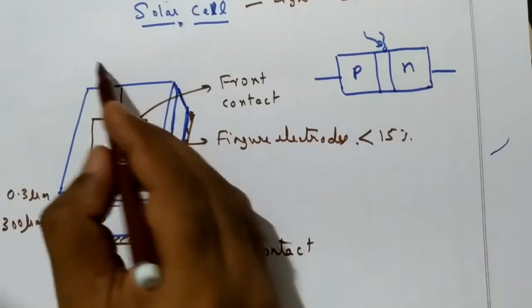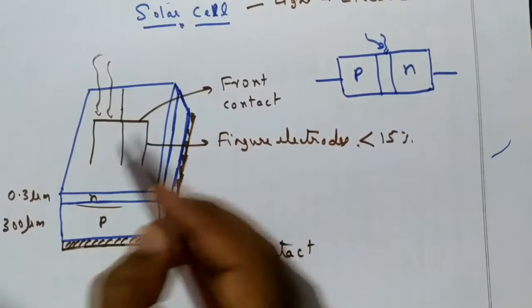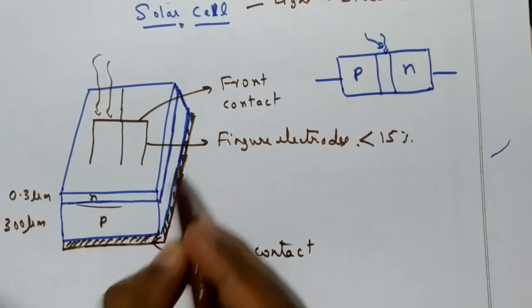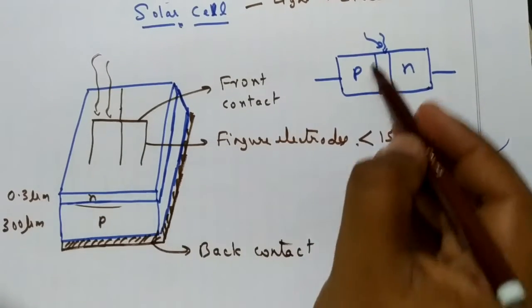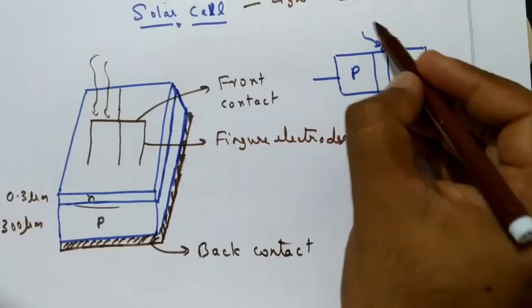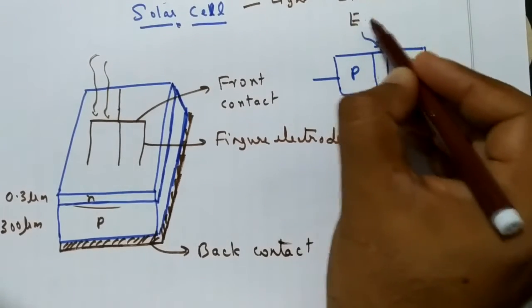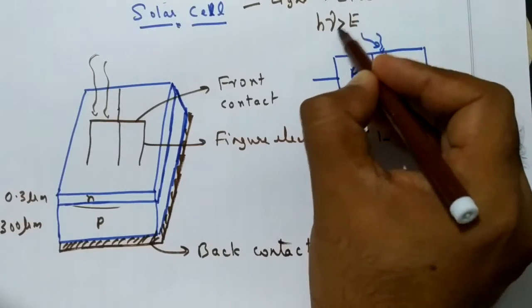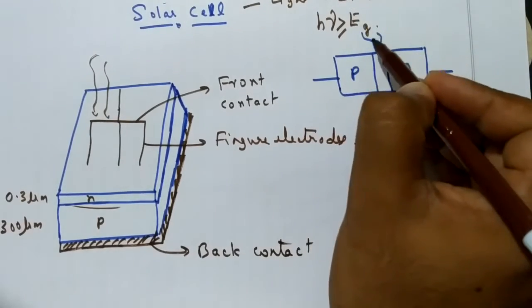Now when the light falls on this solar cell, the light enters and goes toward the PN junction, and here electron hole pairs are generated. The only condition is that the energy of the incident light, that is h nu, should be greater than or equal to the forbidden energy gap.